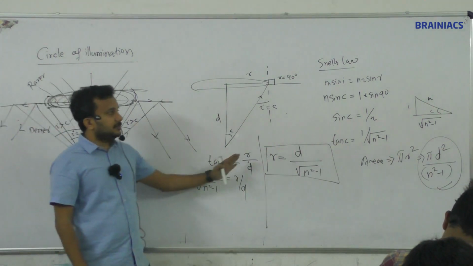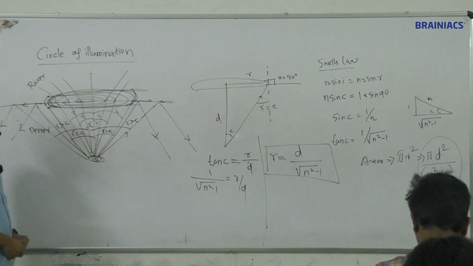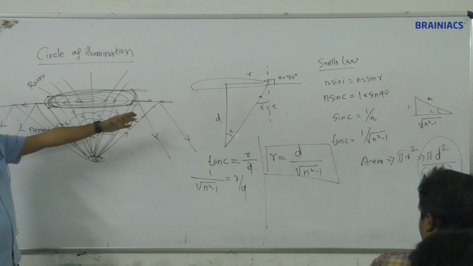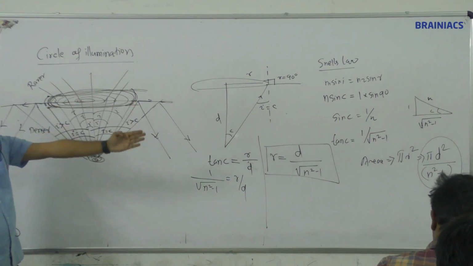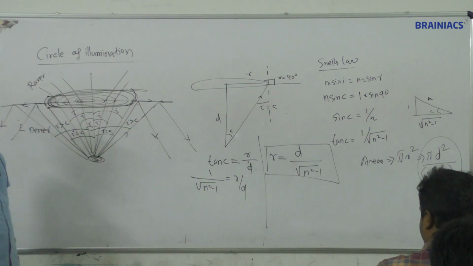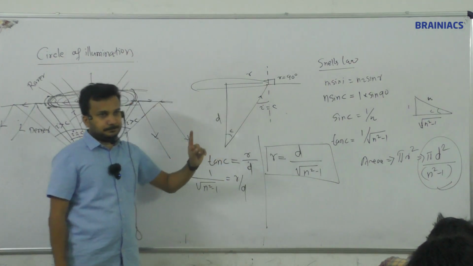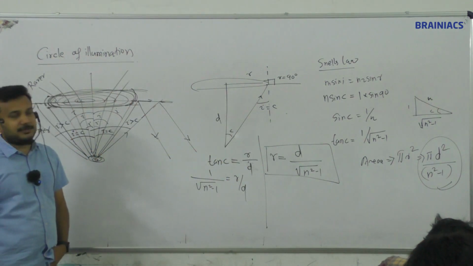Then you can complete the things at the border. Within the diagram draw, then apply Snell's law, apply the tan C formula, then area is pi r square, which is pi d square by n square minus 1. Please remember this formula, with r equal to d by root of n square minus 1.